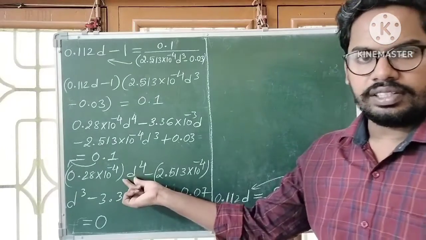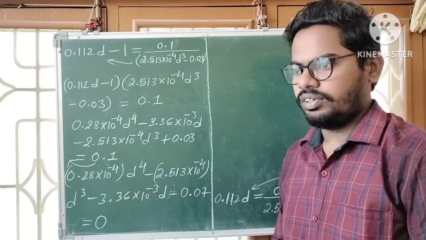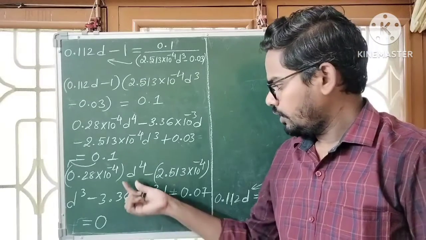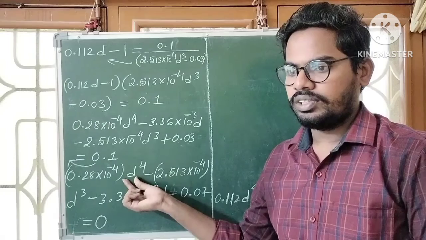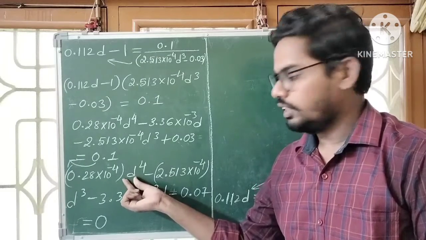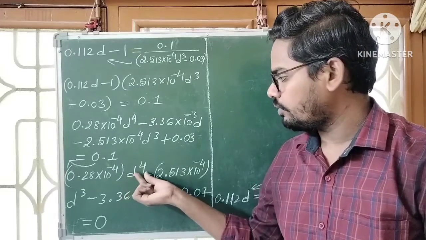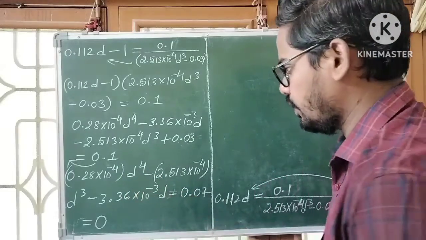Now what is a biquadratic equation? An equation of order 4 is called a biquadratic equation. In a biquadratic equation, the highest power of the variable is 4. Here d is our variable, the unknown. So the highest power of d is 4. So this is a biquadratic equation.